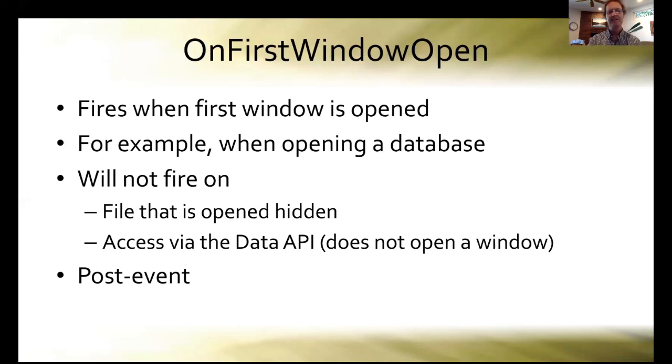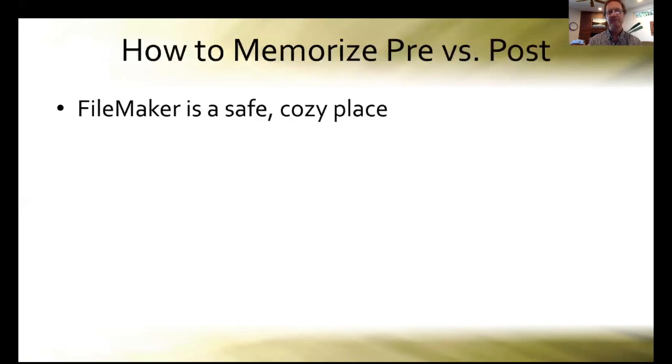If you're wondering, well, how in the world am I going to remember which ones are pre and which ones are post? Here's kind of a cute way that I try to remember at least the majority of them. If you think in general that FileMaker and everything in a FileMaker solution is a safe, cozy place to be, then entering something would never be something you would regret, right?